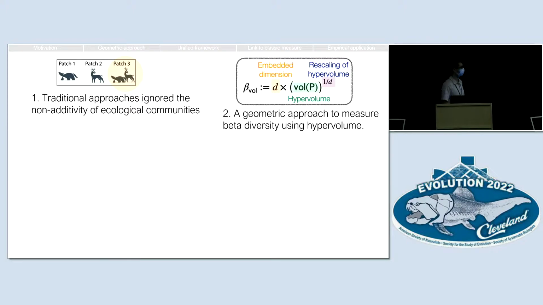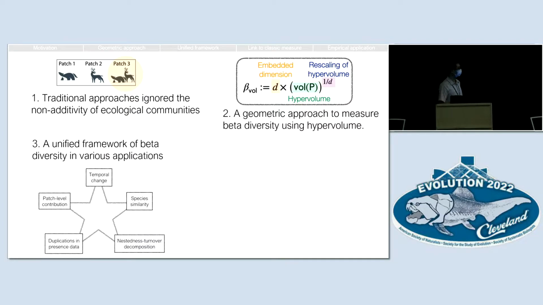The second point is that we use a very intuitive geometric way to embed a metacommunity as some object living in the hyperdimensional space, and we can use this hypervolume to quantify biodiversity. And third, thanks to the geometric nature of our approach, we can provide a unified framework of biodiversity in various applications. And I'm sure it's also extendable to other cases of interest.